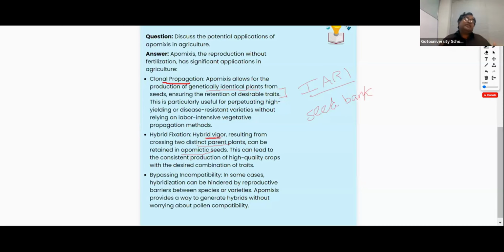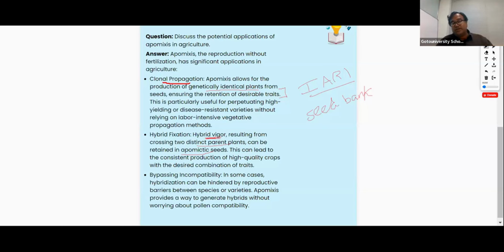Those plant variety seeds are preserved and taken into the field to generate many plants for many geographical areas, so that poverty will be reduced. They conserve the superior breed, and whenever they cross, they take a high quality male and a high quality female, and then get a high quality variety.